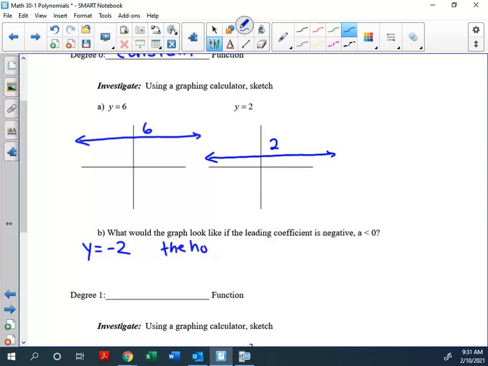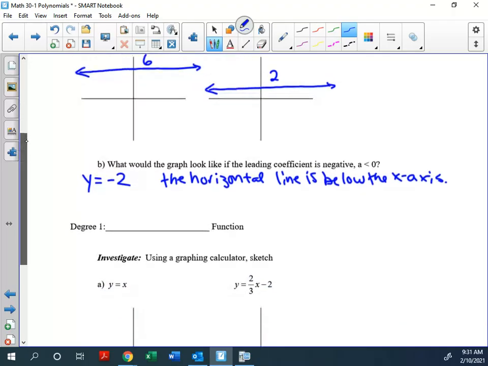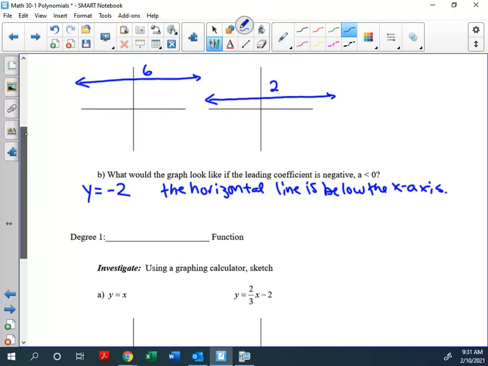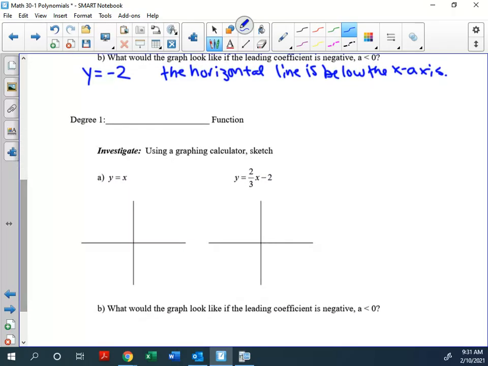So I would say the horizontal line is below the x-axis. That question's kind of redundant in this particular scenario, but that leading coefficient is going to be something very important and very defining. Constants, all good?